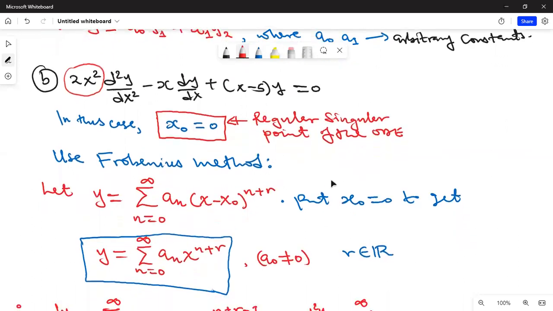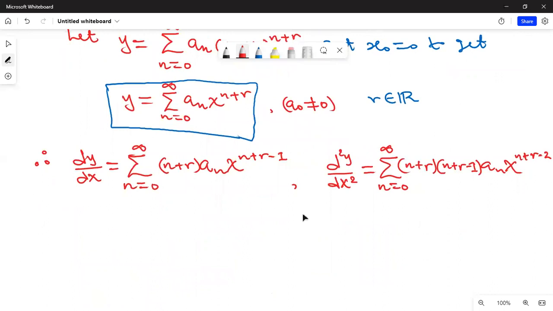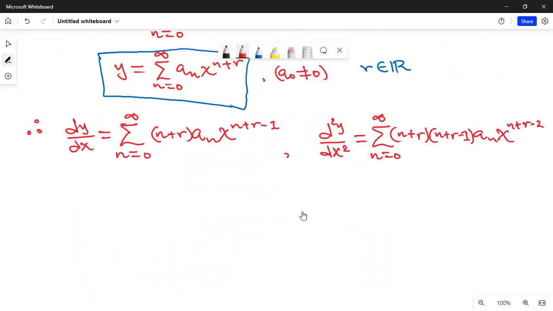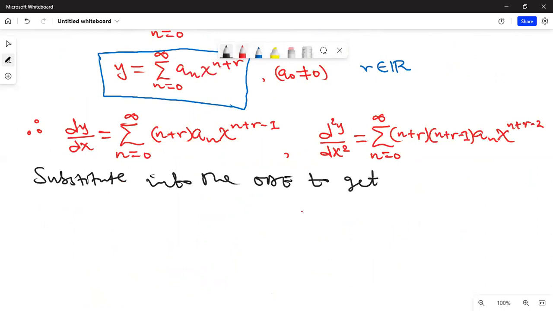So when we substitute back into that ODE, we get the first term 2x squared times the second derivative, which we have found to be the sum from n equals 0 to infinity of (n plus r)(n plus r minus 1) a_n x raised to n plus r minus 2.